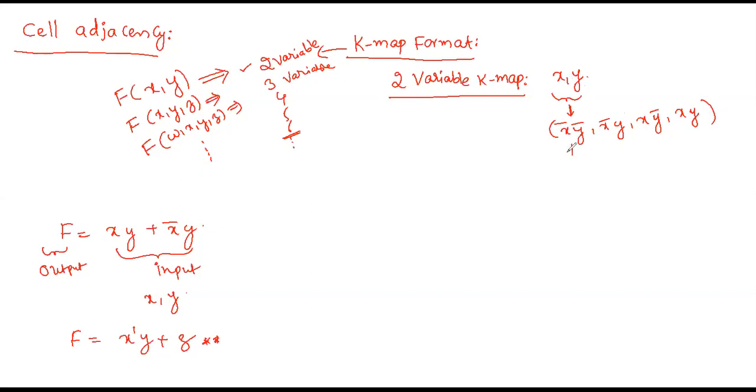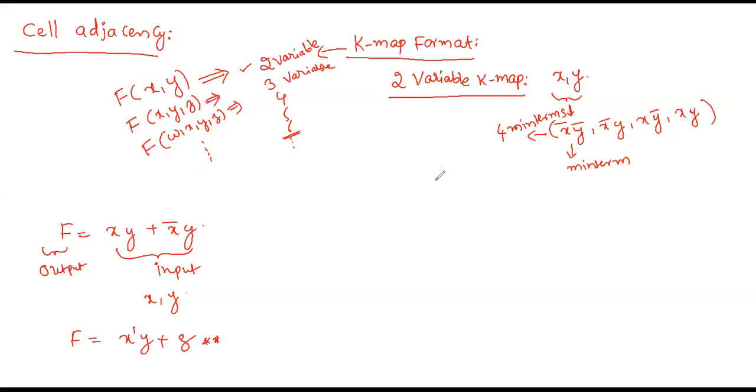Here each combination is a minterm. So we have four minterms. In a two variable K-map, we have four minterms.